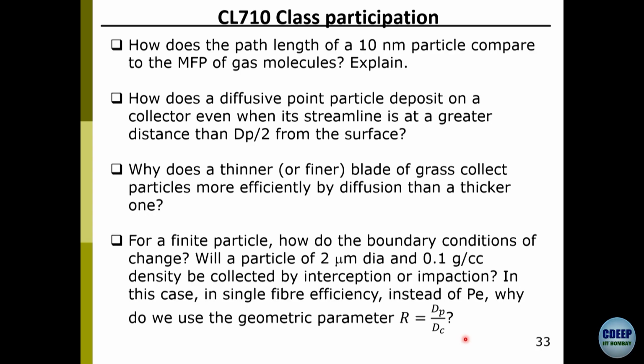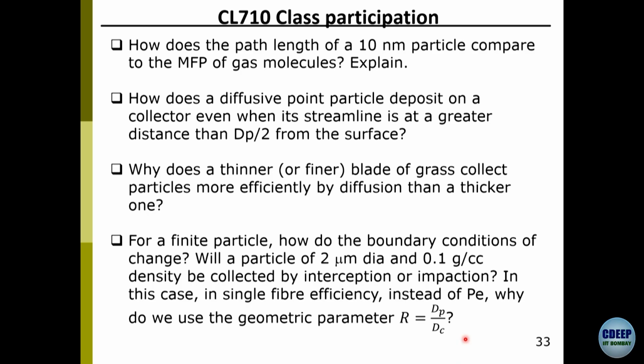It was of the order of a factor of 10 smaller, right. For a 200 nanometer particle, it was the one which had the smallest diffusion path length, of the order of 10 nanometer.